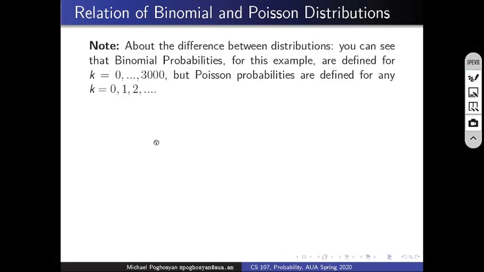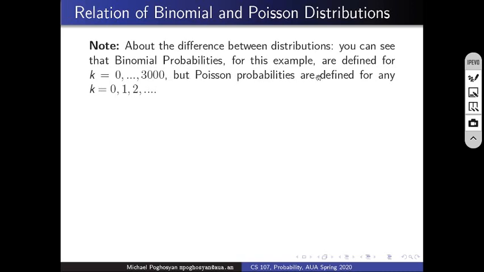So one note about the difference between distributions. We have noted that for binomial probabilities, the PMF is defined for k running from 0 to 3000, because if we are doing 3000 trials, 3000 characters in our page, then the number of misprints cannot be larger than that number of trials, number of characters.